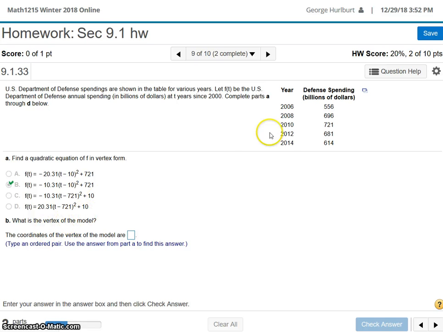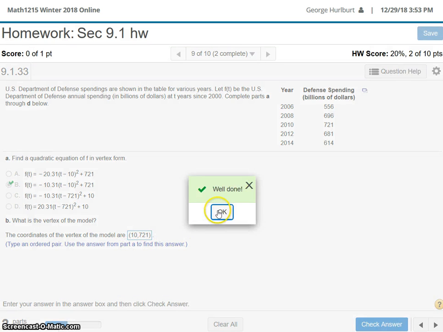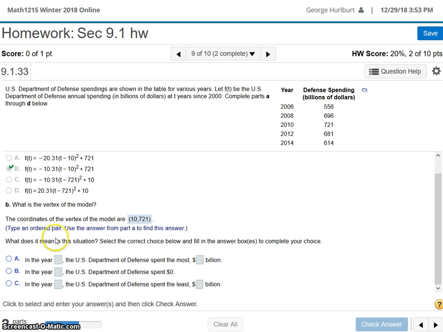What is the vertex? All right, the vertex we already said. It's 10, 721. What does it mean?